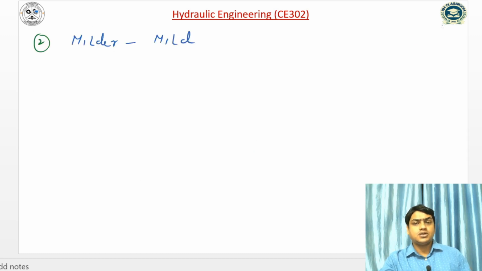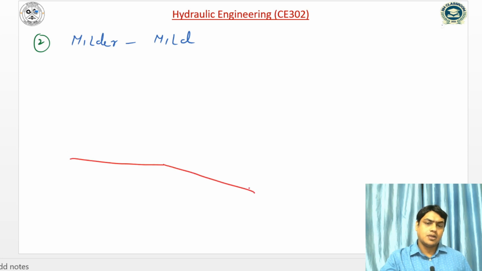Let us draw the second profile, that is milder to mild. We have discussed that the slope of milder is less as compared to the mild. So let us assume this is milder and this is mild. This section is called the control section, where there is a change in grade.